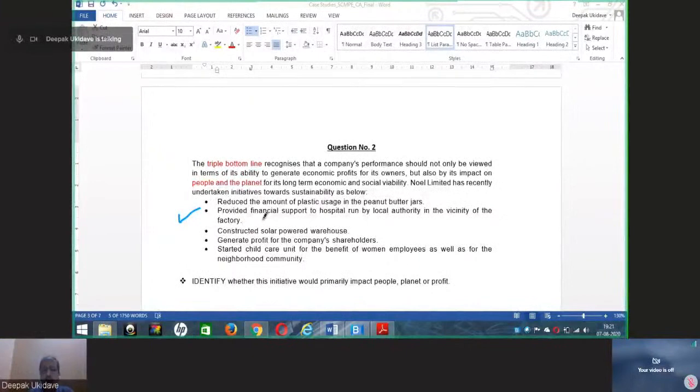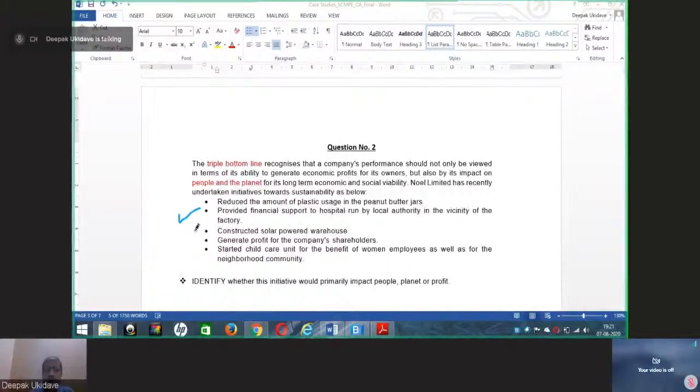So you are also funding the hospital, which is today run by the local authority. What is this for? Obviously, it is catering to people. So this is a CSR in the name of people. You are providing job opportunities to the villagers. You are taking care of nourishment of their children, providing school, hospital cost, etc. So it is financial support, but it is not profit. It is people. Very simple.